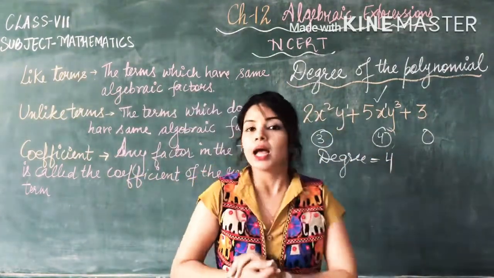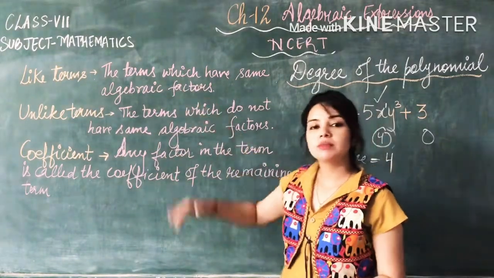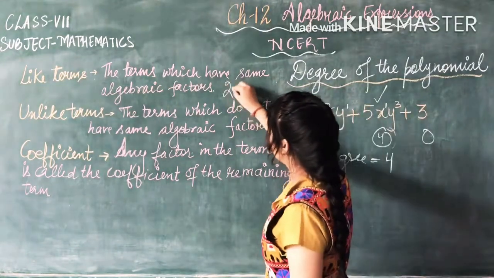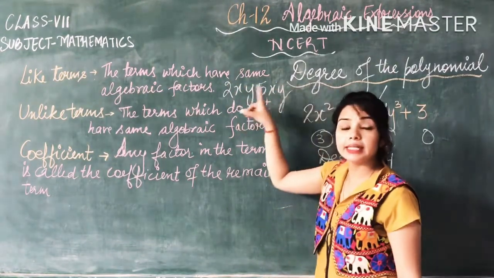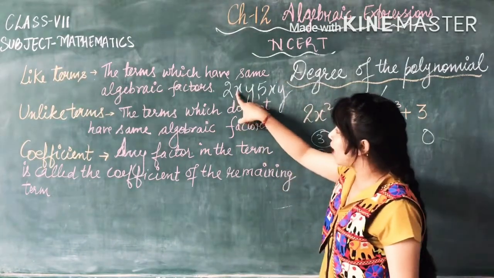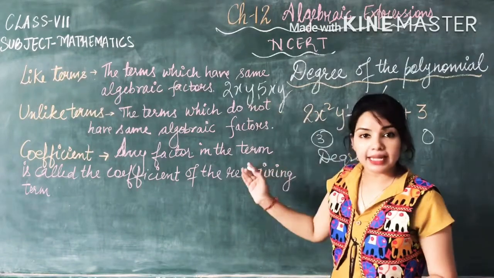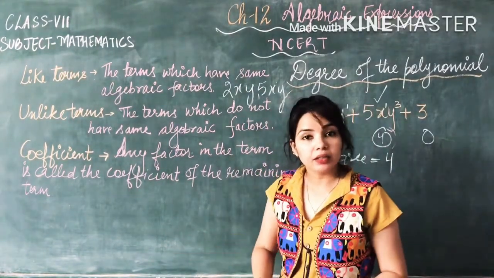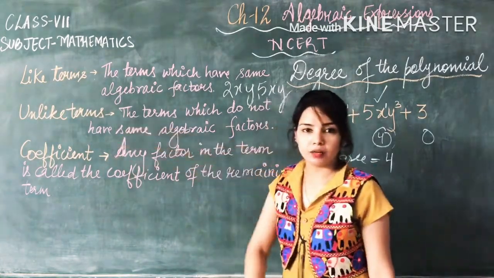Now, the next thing is like terms and unlike terms. Like terms have the same factors. Suppose 2xy and 5xy. These terms have the same factors, xy and xy. That is why they are like terms. And if they do not have the same factors, they are unlike terms.